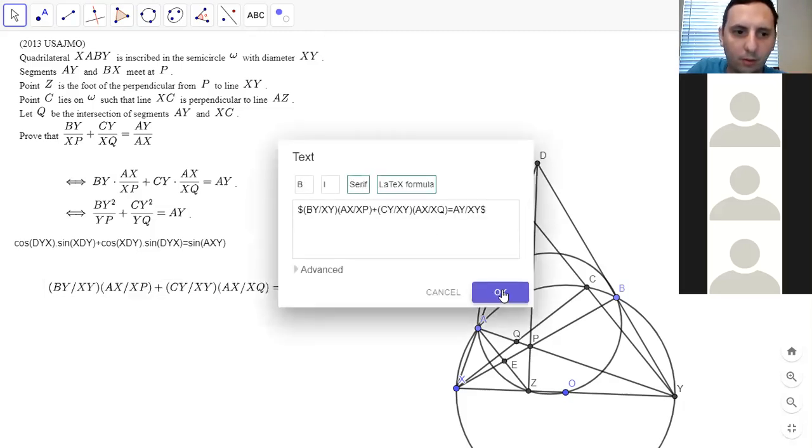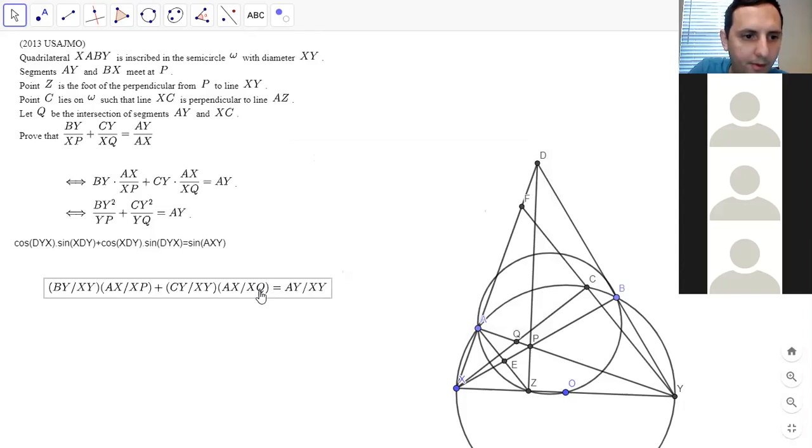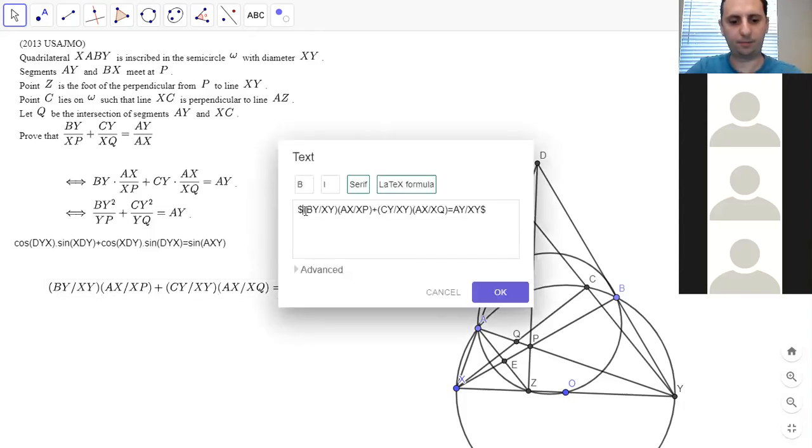Interesting. Okay, so let me turn these into fractions. So it's really just using the angle sum formula for sines.